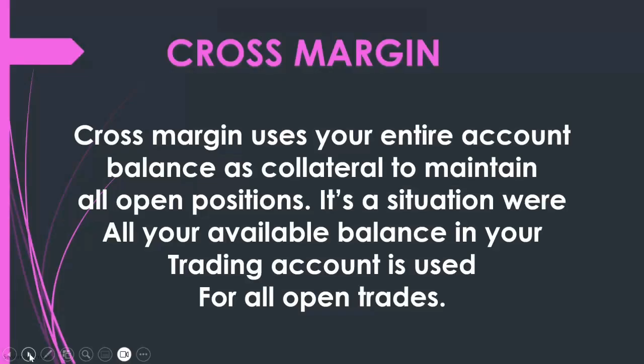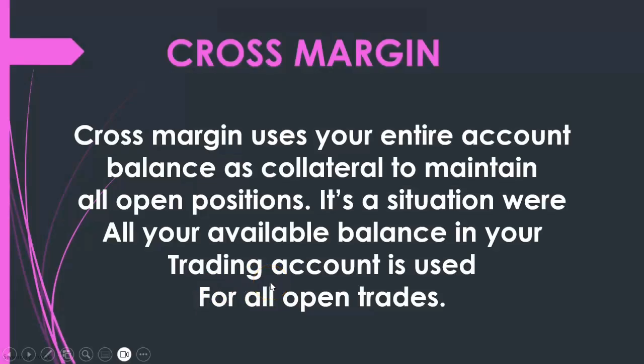Now, take note of this. Let's assume that you use $50 to trade, and you have $500, and you did not put stop loss, or where you put the stop loss was beyond the $50 that you're using to trade. And the market finished using the money that you have in your open position, which is $50.